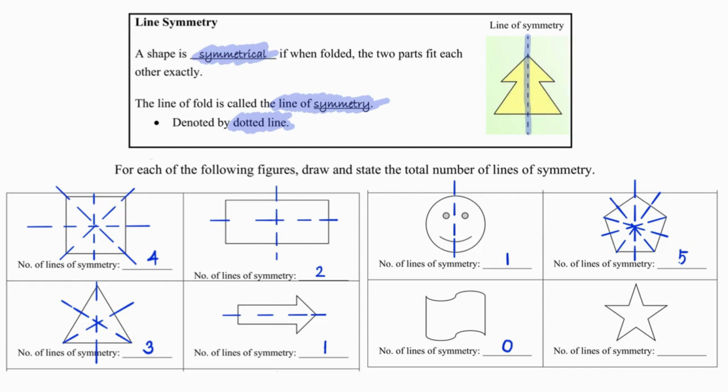We could actually cut them into half 5 times by looking at the vertexes or the points. So in this case, 1, 2, 3, 4, and the last one would be 5.